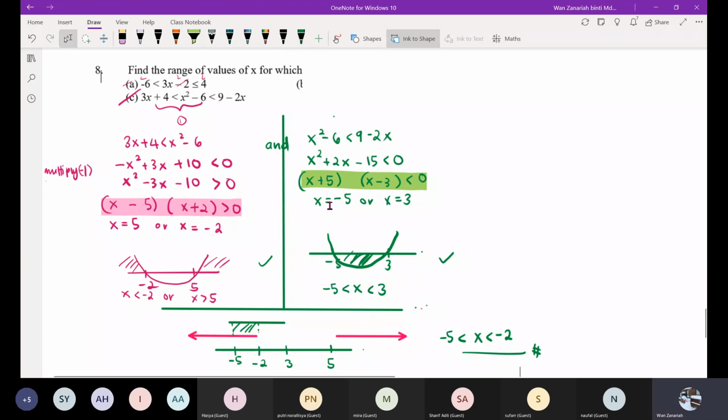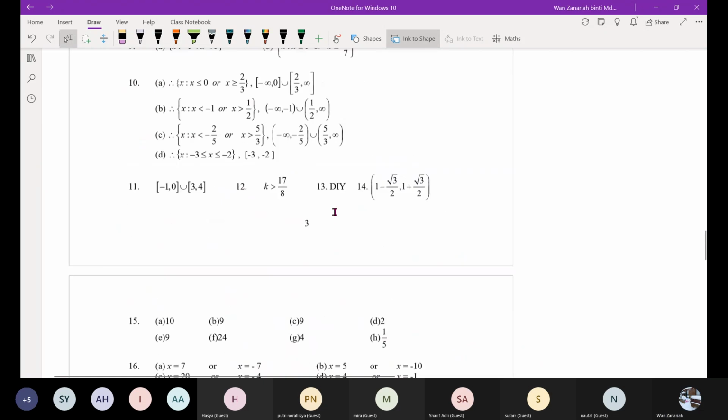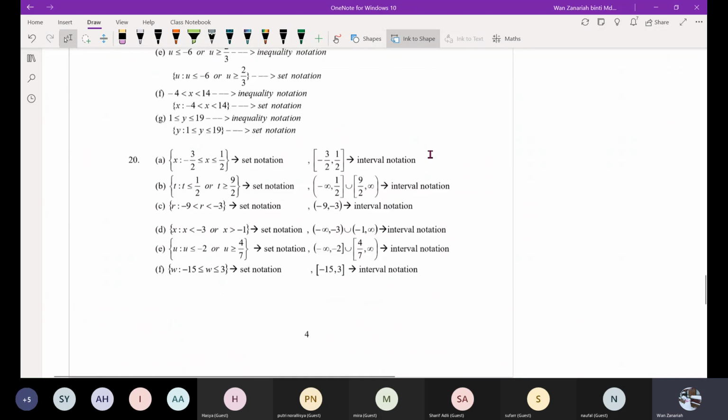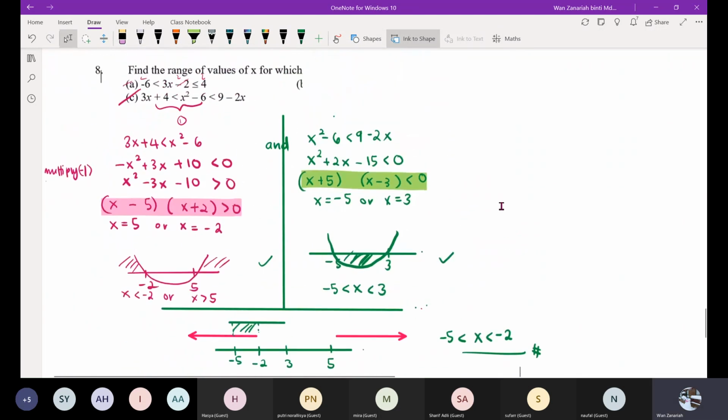Okay, so the answer is negative 5, negative 2. Alright, everyone okay? Clear or not? Clear, madam.